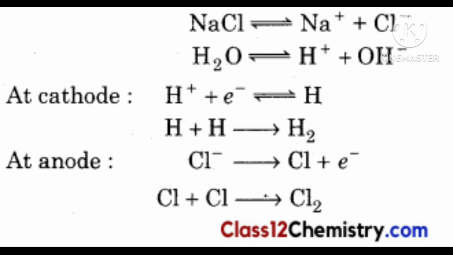HBr is less than HI, with melting point 185 and boiling point 206. Bond length: actually, the more the bond length, the less the dissociation energy.